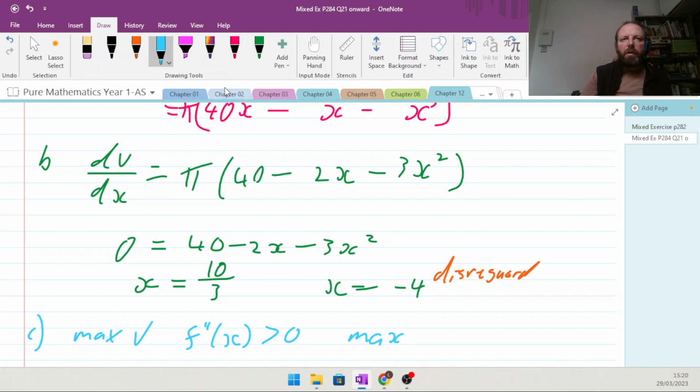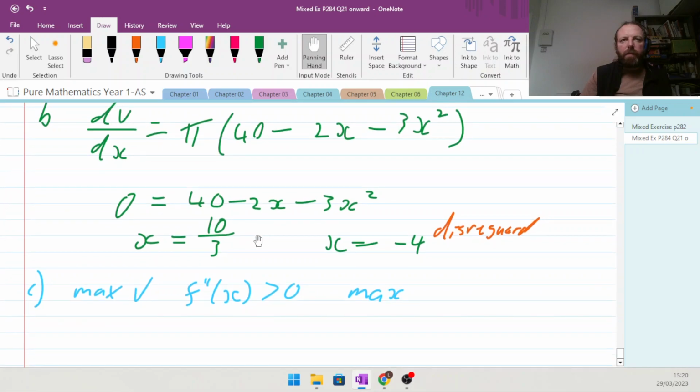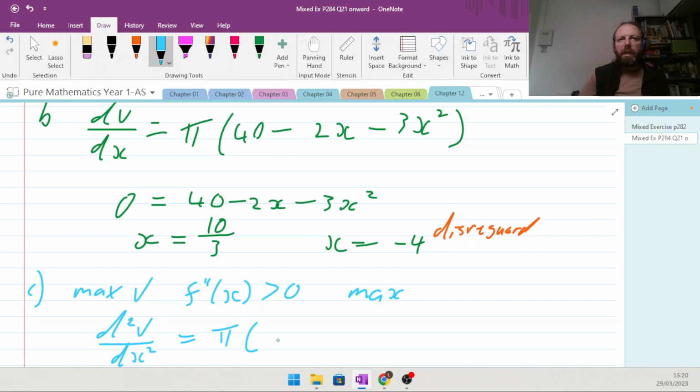So we will do d2V by dx squared is equal to, let's keep the pi outside, the 40 has gone, minus 2 minus 6x.